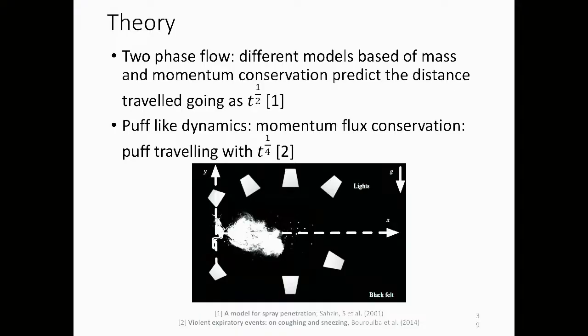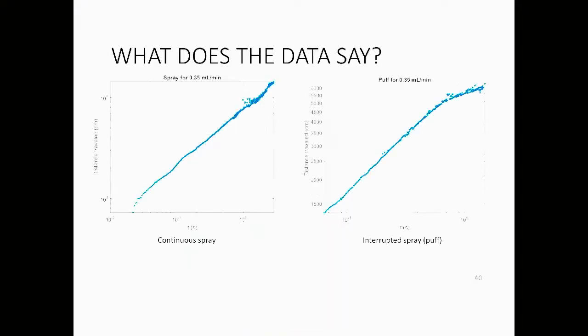If you keep on pushing the spray, it should advance like the square root of time. But the puff slows down because you're no longer pushing it from behind, and then you should get t to the power 1/4. From the two movies I showed you, we get a very nice 1/2 for the front of the spray propagation.